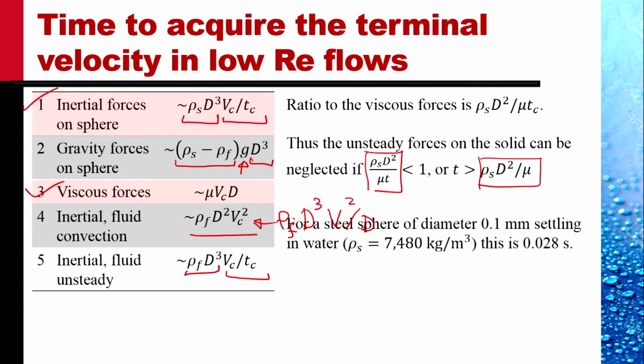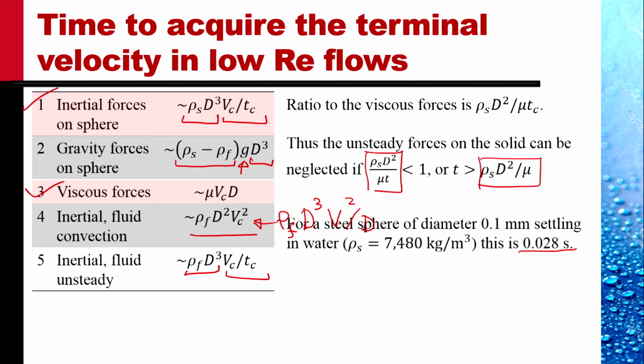For a steel sphere of diameter 0.1 millimeter settling in water, the density of steel is 7.480 times 10 to the power 3 kilogram per meter cube. And so this time is obtained as 0.028 seconds. A very small time.